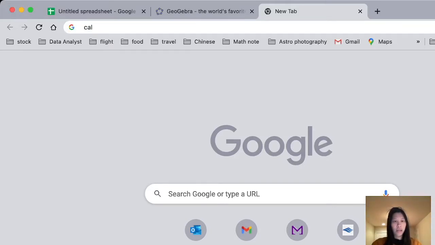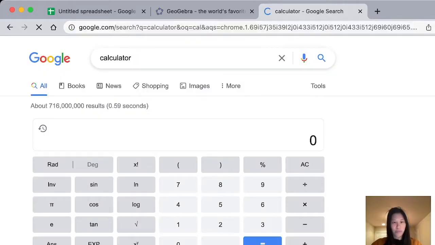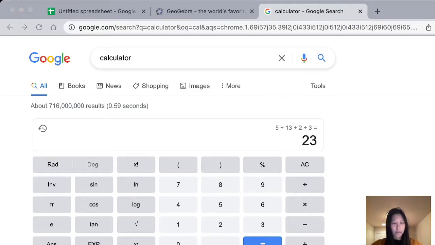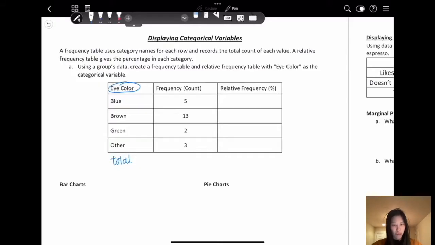Let's find calculator. And then we have 5 plus 13 plus 2 plus 3. The total number is 23. So that means there are 23 participants. So we write down 23.